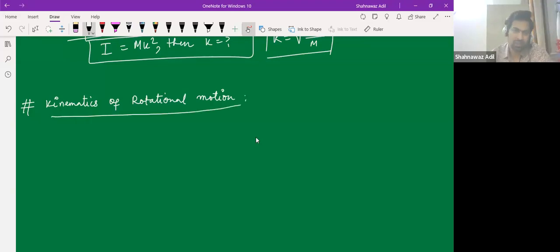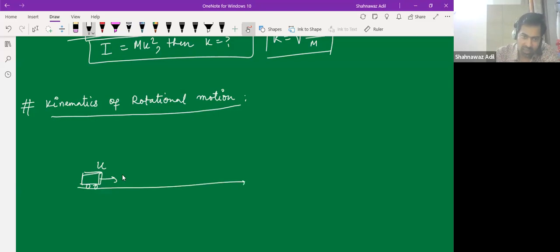In a linear motion, what we usually did: let's say we had this car, and it was moving with initial velocity u, and then we provided some acceleration, and then it was moving with final velocity v, and it had some constant acceleration.